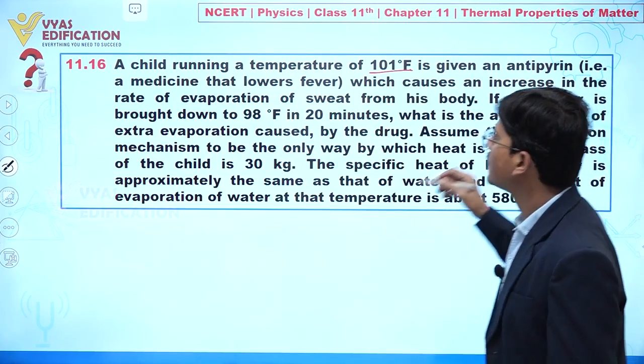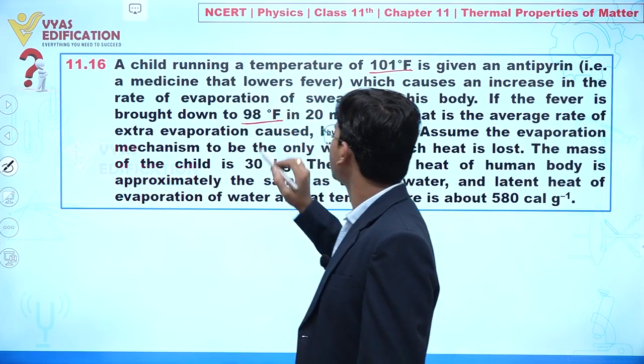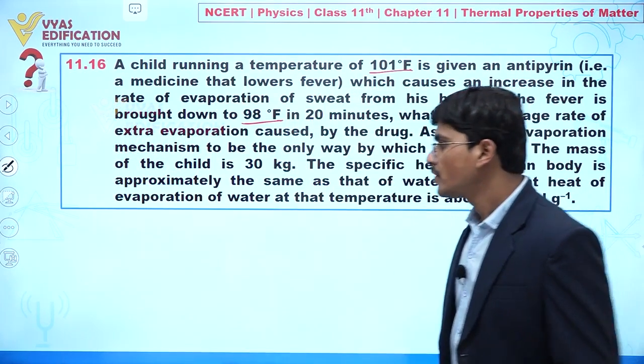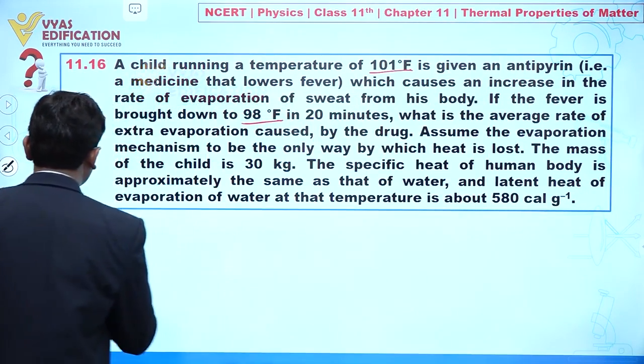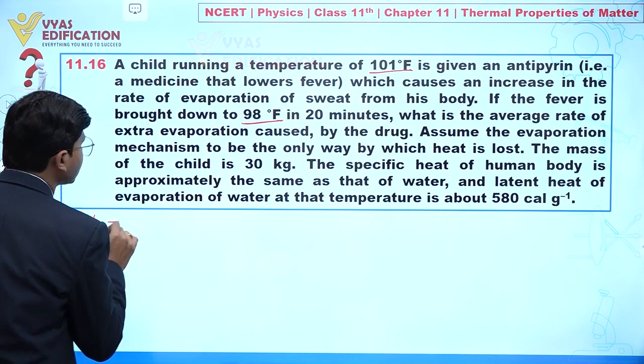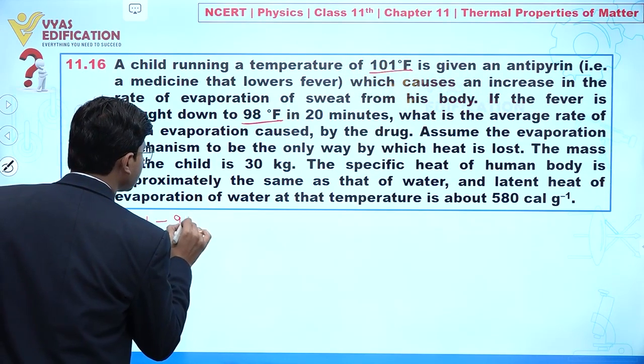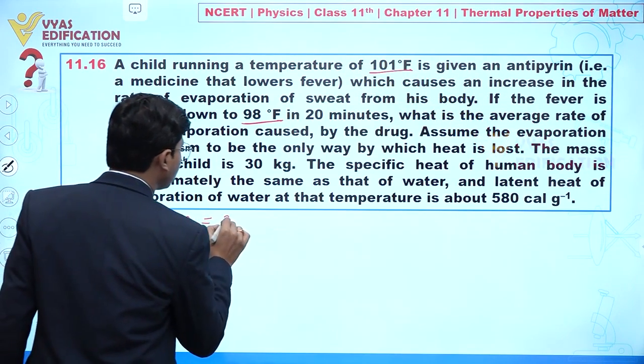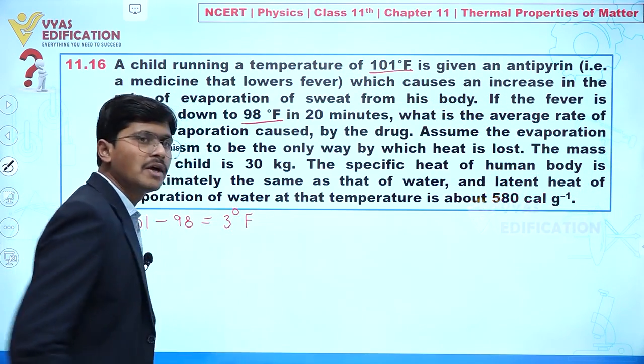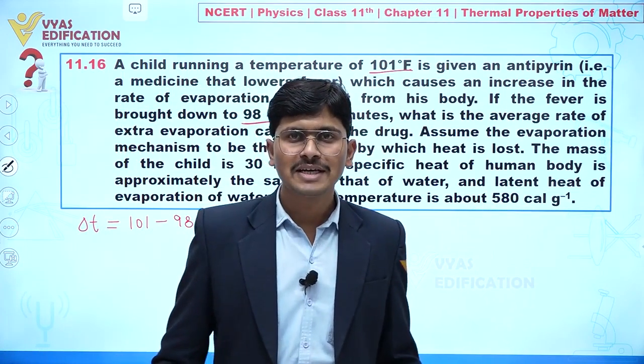If the fever is brought down to 98 degrees Fahrenheit in 20 minutes, can we find the total decrease in temperature? The total decrease is 101 minus 98, which equals 3 degrees Fahrenheit.